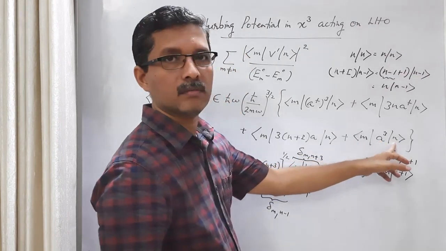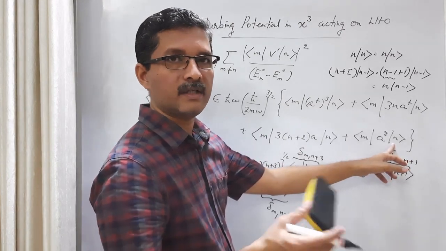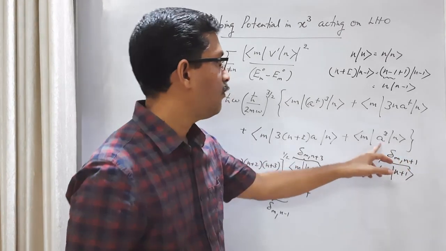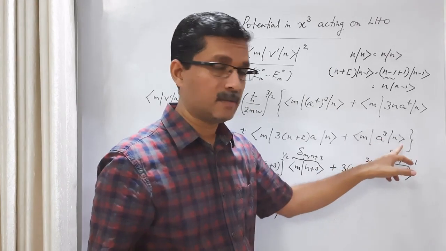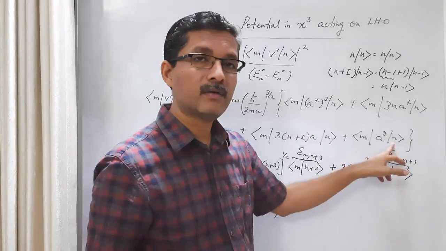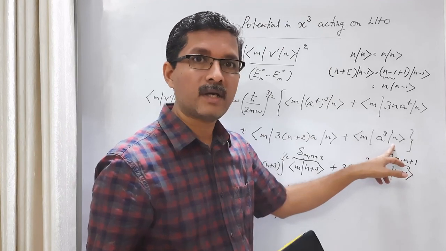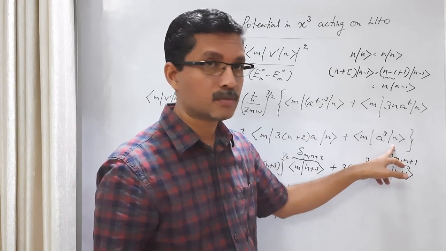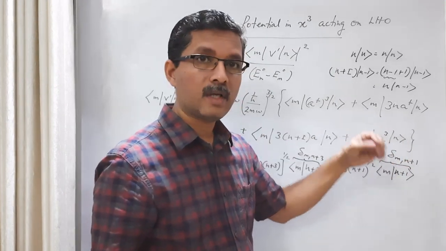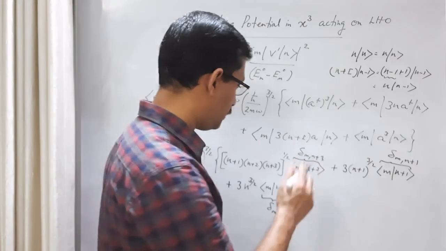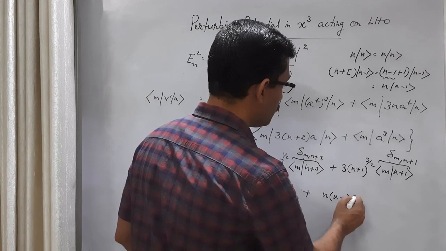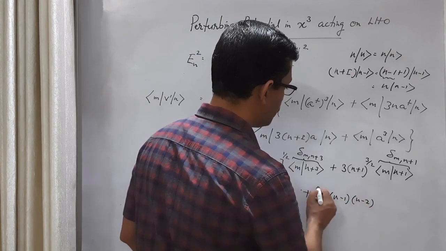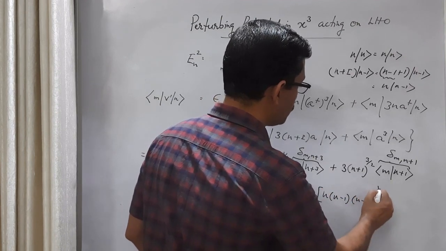A acting on ket n will give you root n ket n minus 1. One more a is acting, we get root n minus 1 ket n minus 2. Then one more a, root n minus 2 into ket n minus 3. So what you get is n into n minus 1 into n minus 2 raised to 1 by 2.